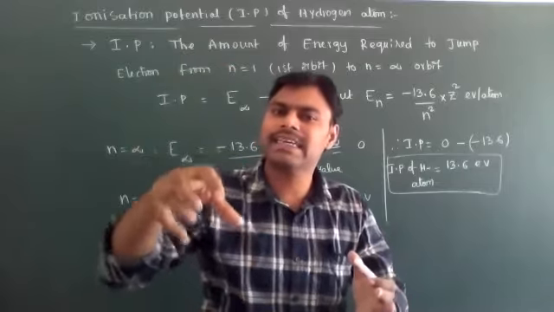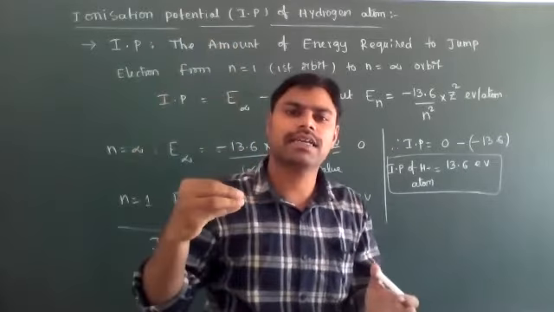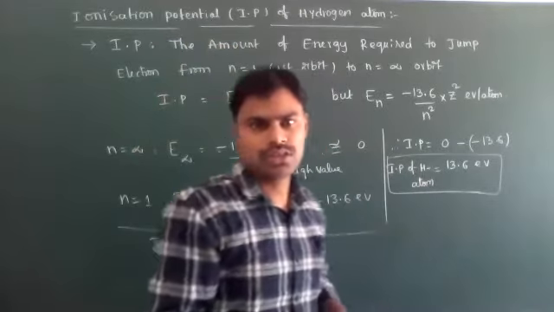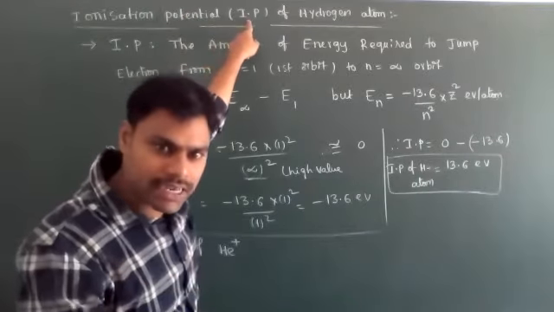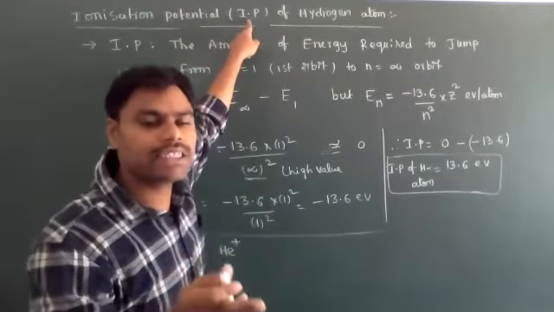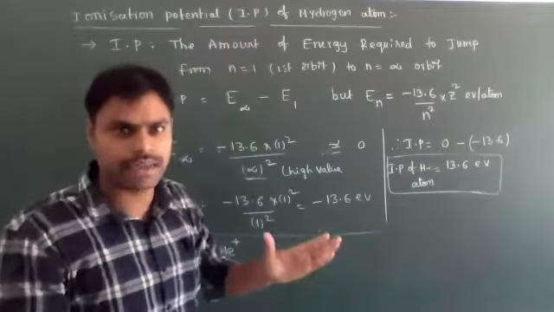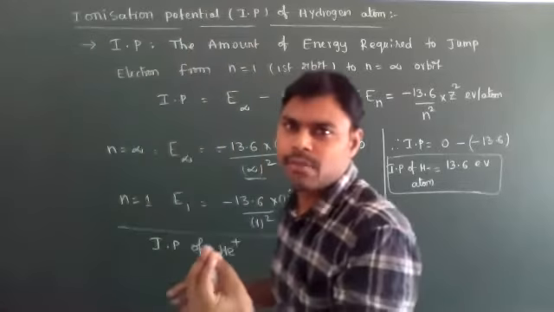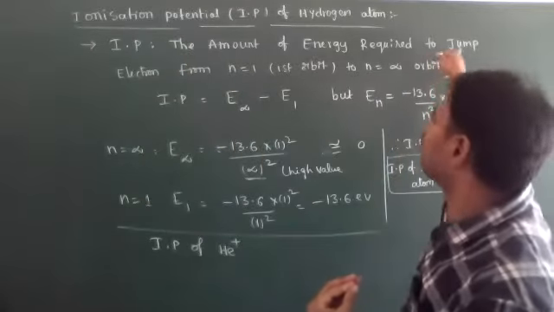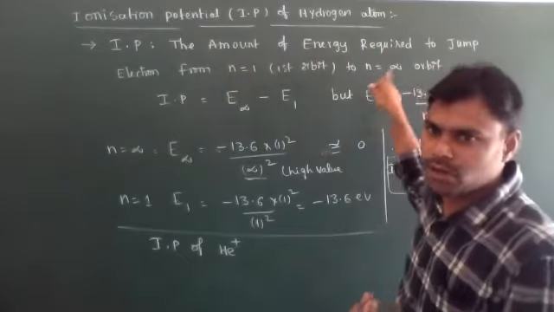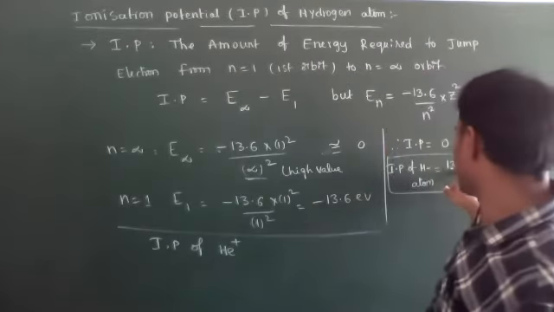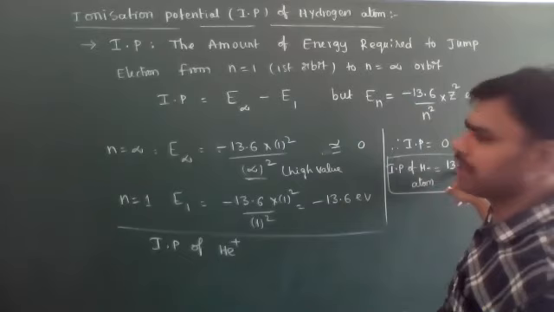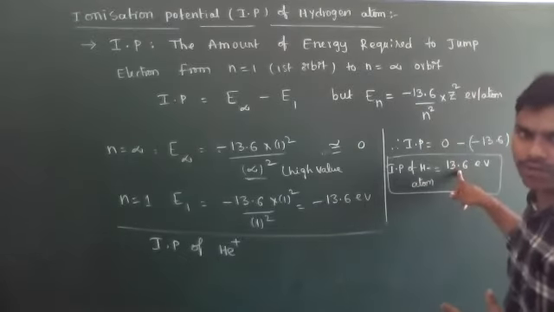Potential, energy or enthalpy are all forms of energy, so different names, but the same thing. So the definition is the amount of energy required for jumping an electron from the first orbit to the infinity orbit. For hydrogen atom its value is plus 13.6 electron volts.